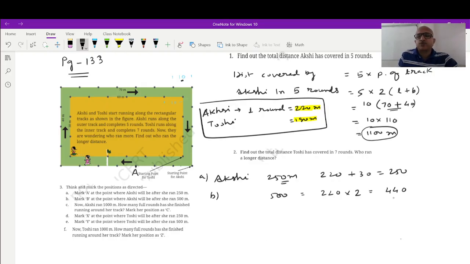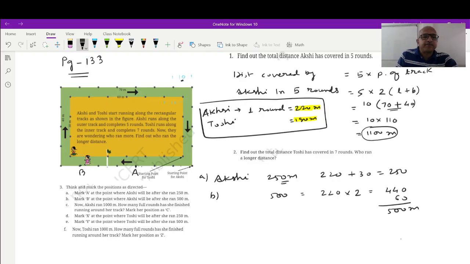How much are we supposed to add? 60 in that, right? So to get 500. So that means Akshi will take two rounds, 1 and 2. That means this point. And then first we'll add 60. So 1, 2, 3, 4, 5 and 6. So that means this point is B.